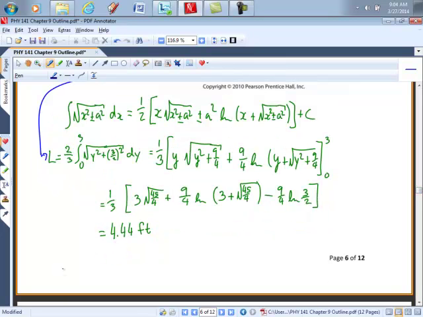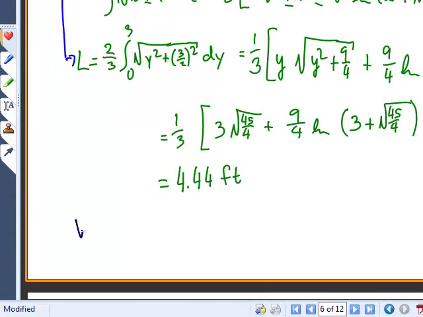Okay, so once we have the length, then we can go, our weight is equal to L times the density with respect to length. So actually, let's just put in the values here. 4.44 feet.